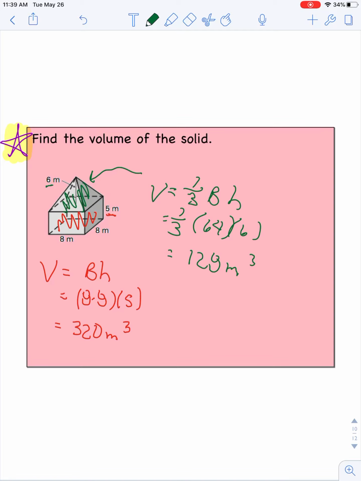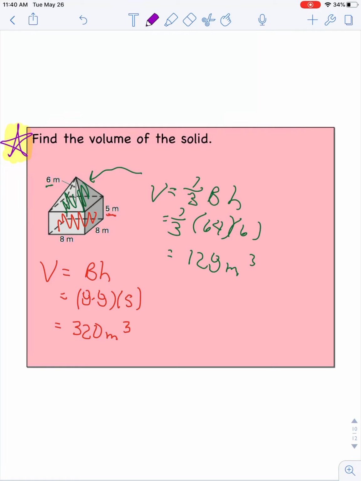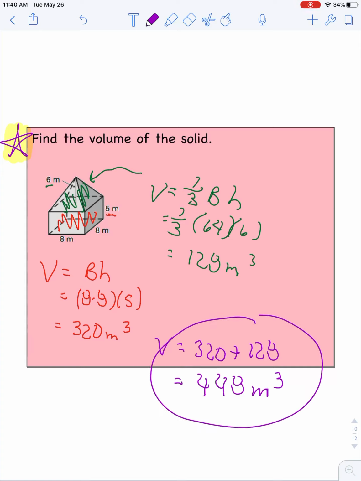Now I simply add those together. To find the volume of that solid, I take 320 plus 128, and that gives me 448 meters cubed. I guess I left out my V there.